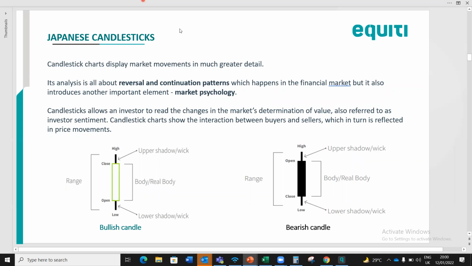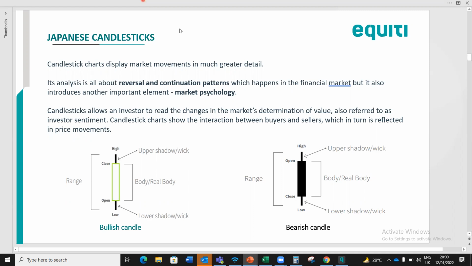The Japanese candlesticks display the sentiment of the buyers and the sentiment of the sellers. They tell you precisely when buyers are getting weak and sellers are positioning to take over the market, or sellers are getting weak and buyers will probably step in. All of these things you will see play out with the Japanese candlesticks.